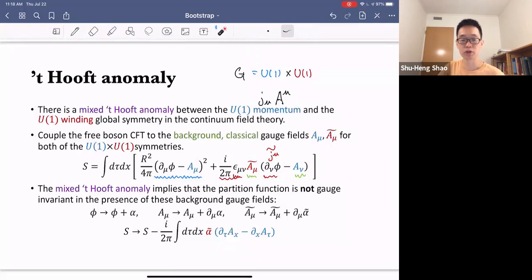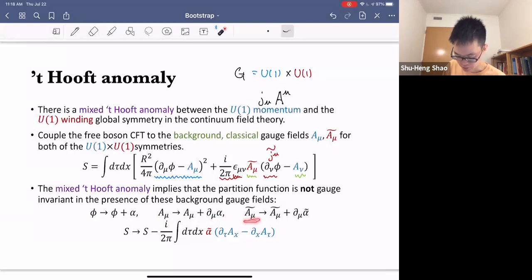Now we are ready to check the gauge transformation. The gauge transformation of the U1 momentum symmetry, note that this is a background gauge transformation. So capital A is held as a fixed background value, and now I'm changing it by a background gauge transformation. The background gauge transformation shifts phi by alpha and shifts A mu by the usual gauge transformation.